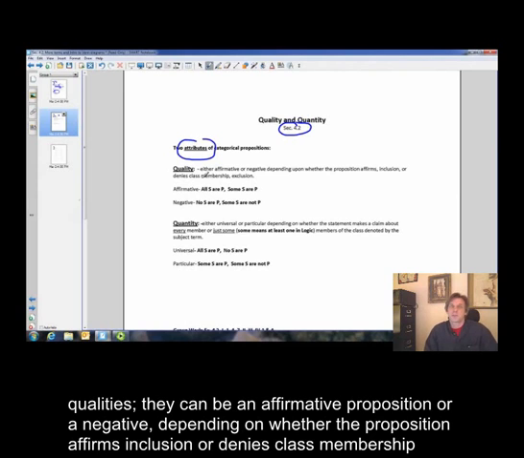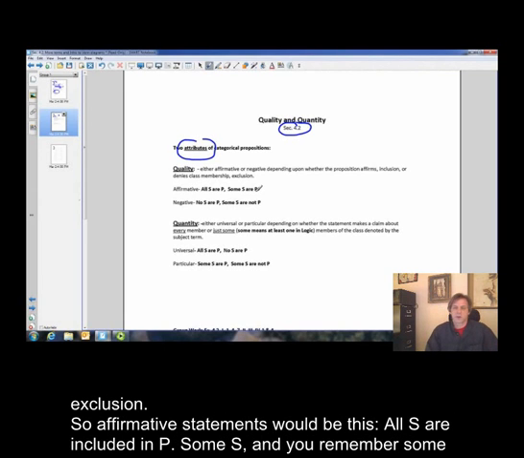It can be an affirmative proposition or a negative, depending on whether the proposition affirms inclusion or denies class membership, exclusion. Okay? So affirmative statements would be this: all S are included in P.